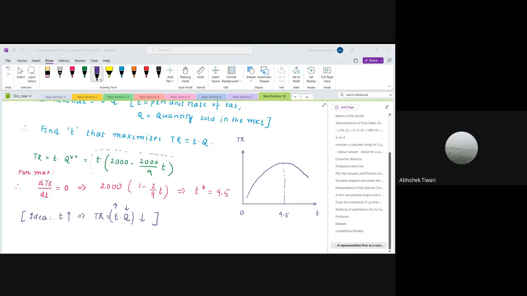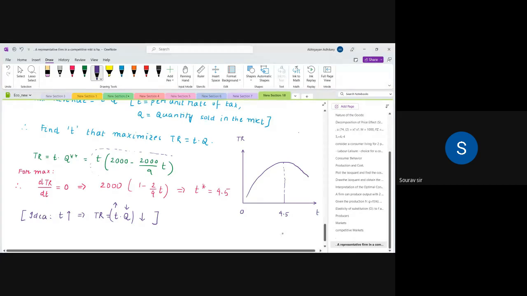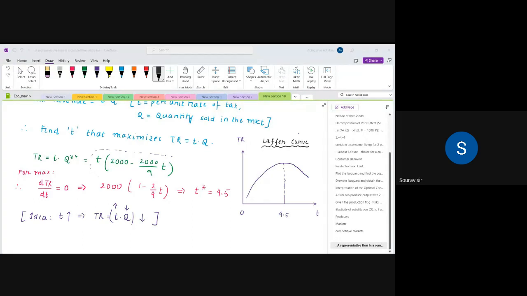Yes, sir. Yes. Okay. And this result, what we discussed, is a very interesting result. And the curve that we have drawn has a special name. It is known as the Laffer curve, which basically shows you the relationship between tax revenue and the rate of tax.